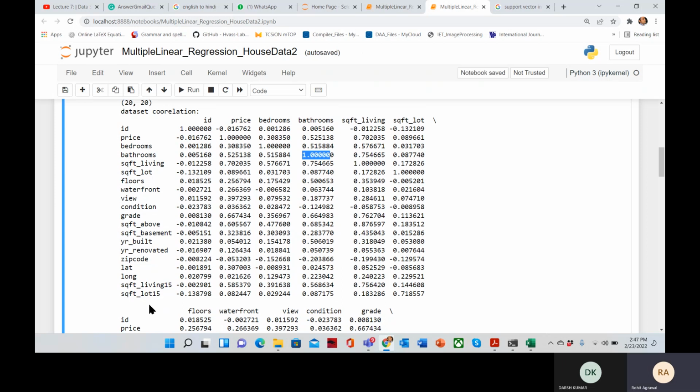So you can see this is square feet lot 15 and square feet lot. These are somewhat correlated, about 70%. Yes or no? Yes, sir. Right. So this is the purpose of finding this correlation matrix.